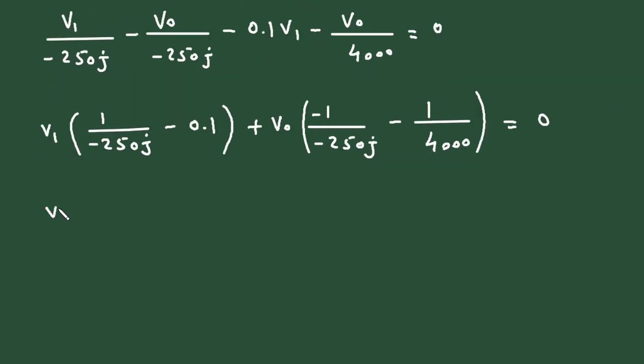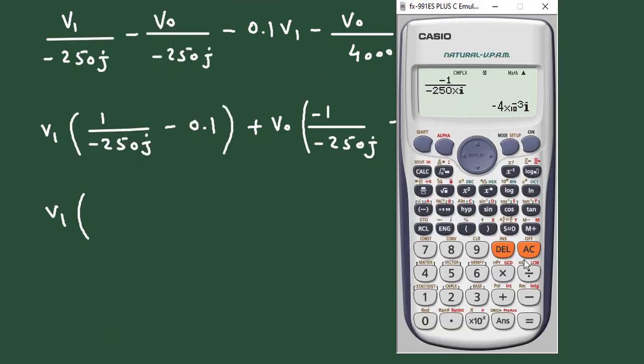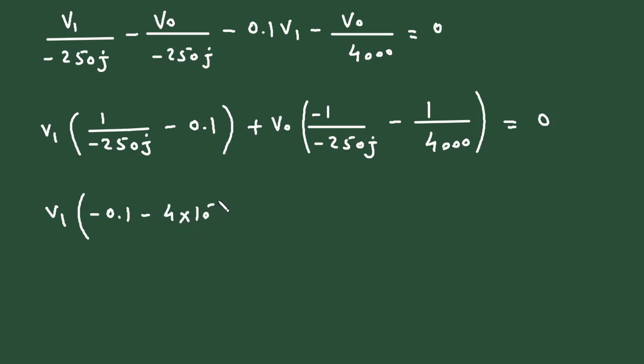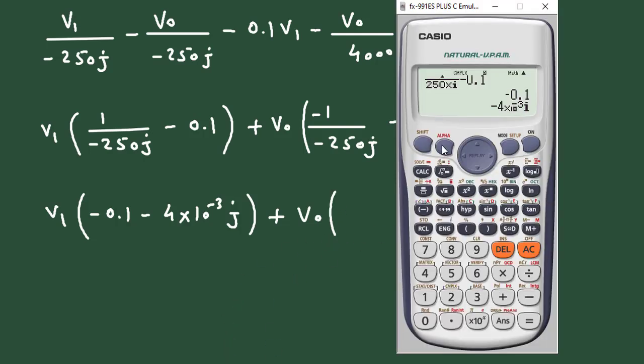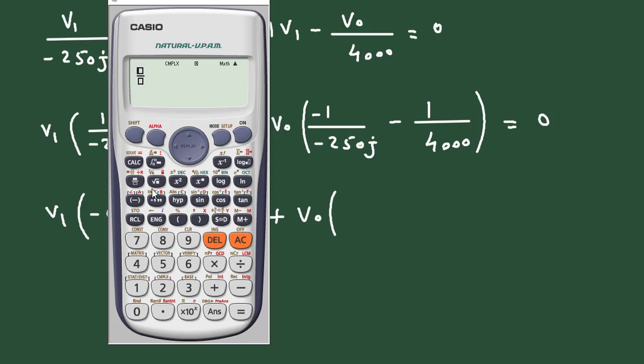So let's simplify this. V1 in bracket 1 upon 250 into J minus 0.1. So it is minus 0.1 minus 4 into 10 to the power minus 3 J plus VO in bracket minus 1 upon minus 250 into J minus 1 upon 4000.